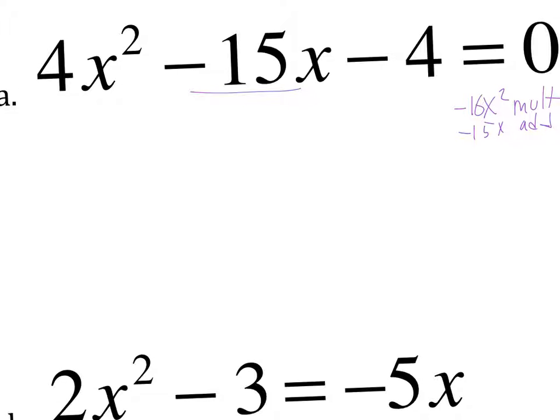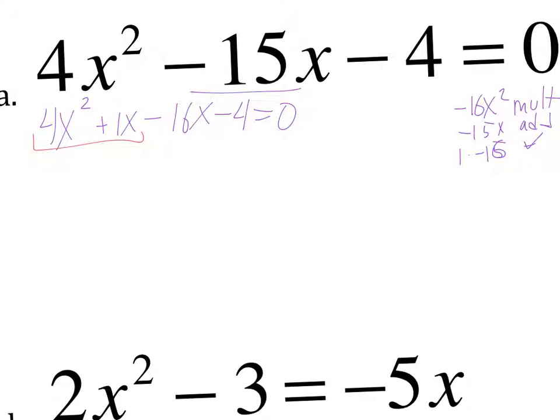All right, I'm going to start again with 1 times negative 16, and hey, when I add those together, I get negative 15. That's the right choice. Nice, first try. 4x squared plus 1x minus 16x minus 4 is equal to 0.